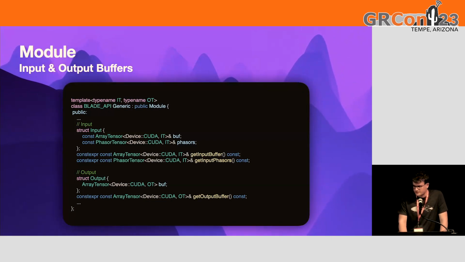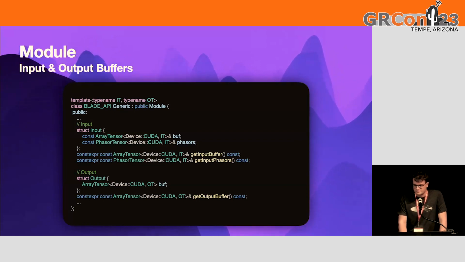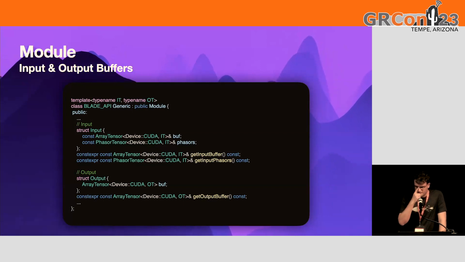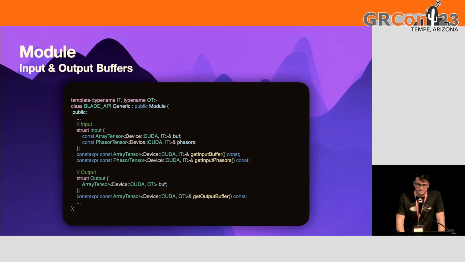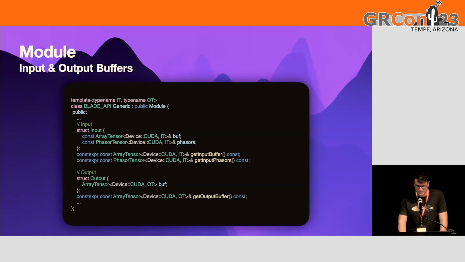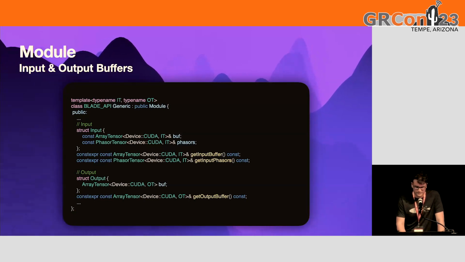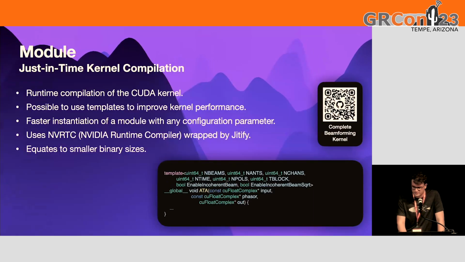This is, for example, array tensor, and it's templated, so you can send a device CUDA or device CPU and allocate CUDA or CPU memory using that. The newer version also has shapes, so you can modify the multi-dimensionality of the array using this API.